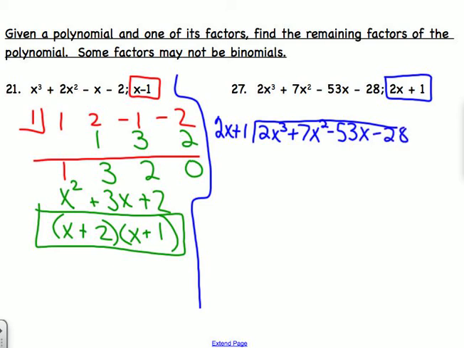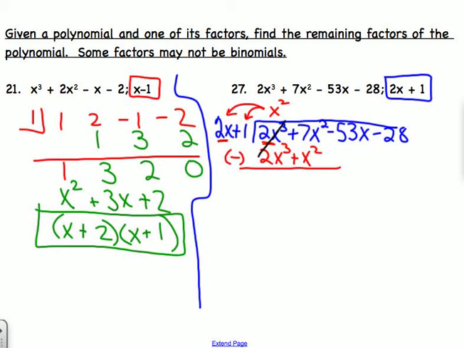We have to divide the polynomial to find the other factors. 2x times x squared gives us 2x cubed. Whatever you put on top, remember you have to distribute. X squared times 1 is x squared. Subtract. 2x cubed minus 2x cubed cancels off and gives you 0.